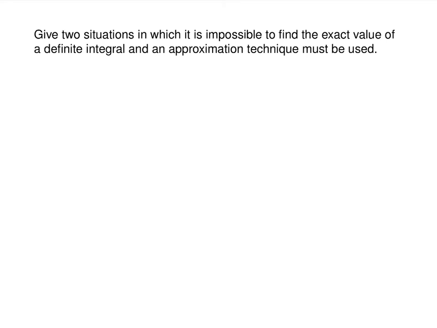So the first thing I want to talk about are two situations in which it is impossible to find the exact value of a definite integral, and you have to use an approximation technique.